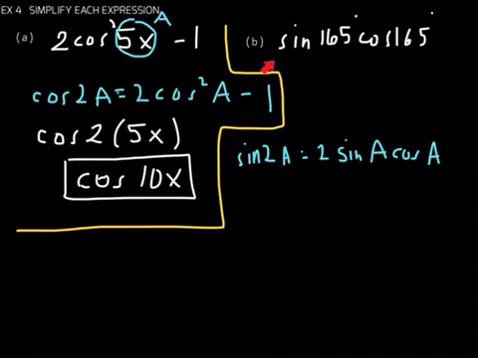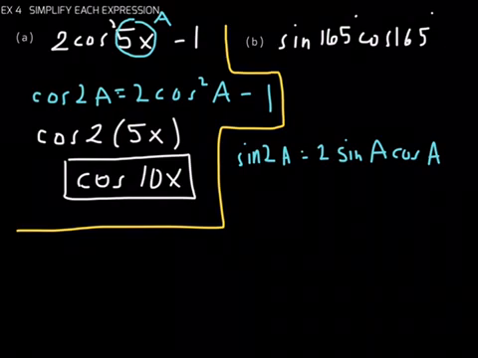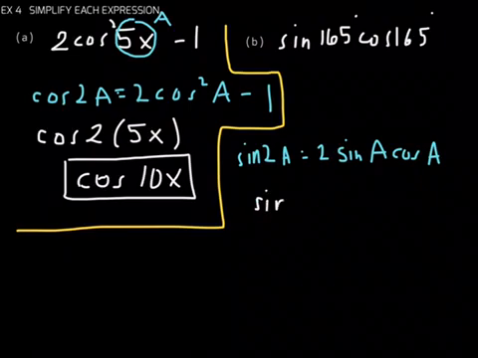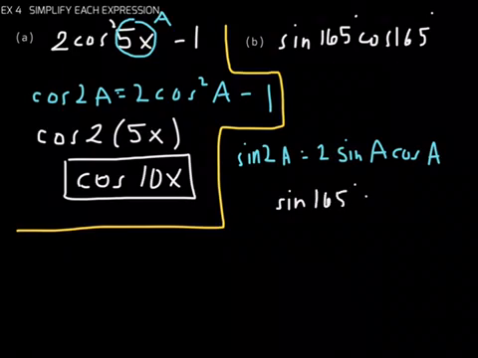Okay? So then what I'm going to do is put the 2 there. So watch this. Sine of 165 degrees, this is what they gave us, times cosine of 165 degrees.